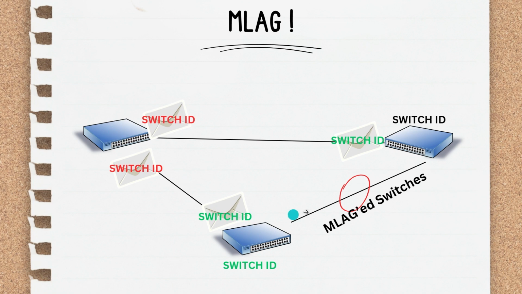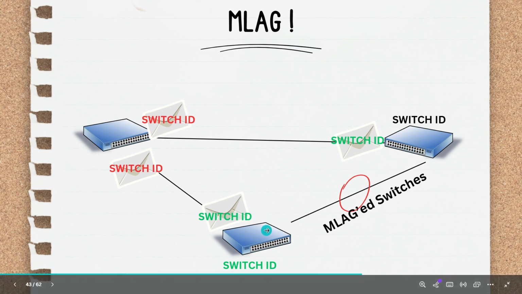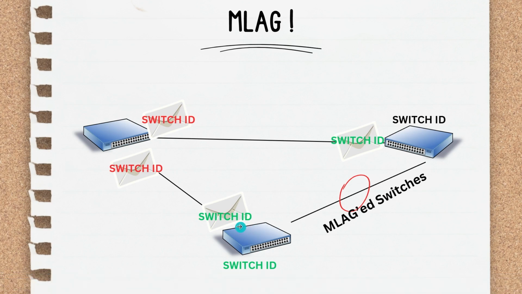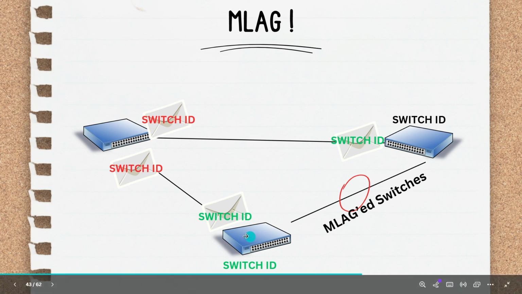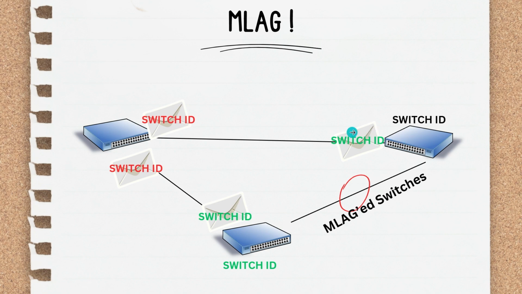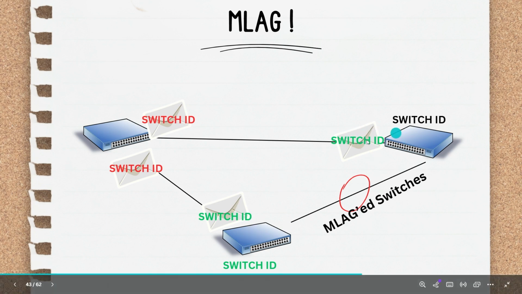MLAG will select one of these switches as the primary switch, and whenever they exchange LACPDUs, they will write the switch ID of the primary switch only. Let's say in this case the green switch was the primary switch. Whenever this switch sends LACPDUs, it will make sure to put the switch ID of the green switch only.